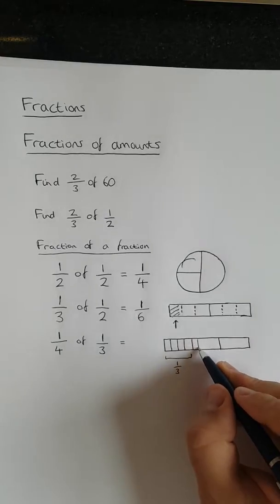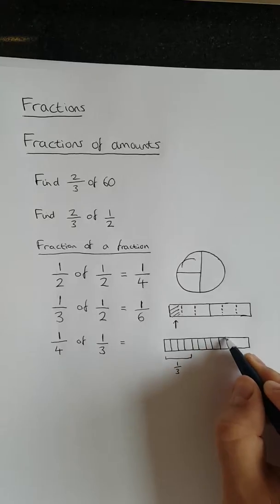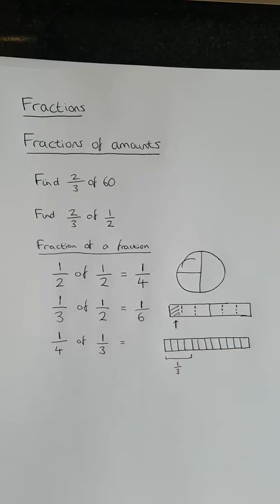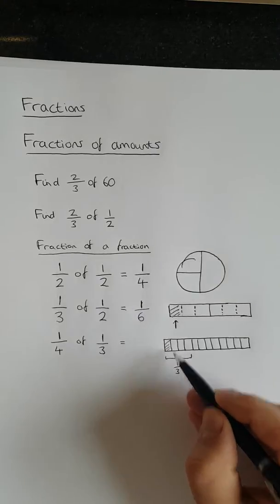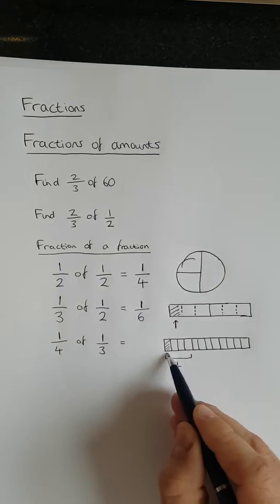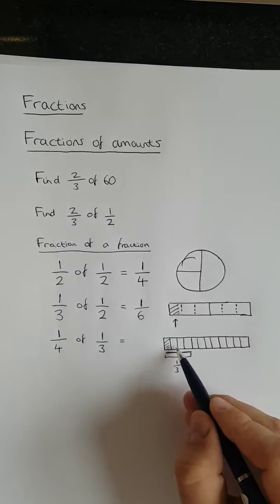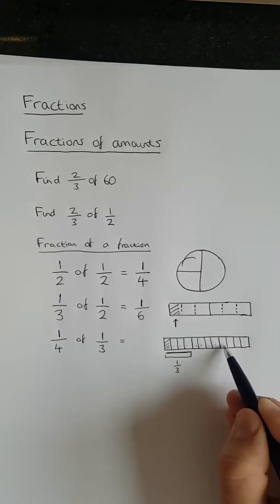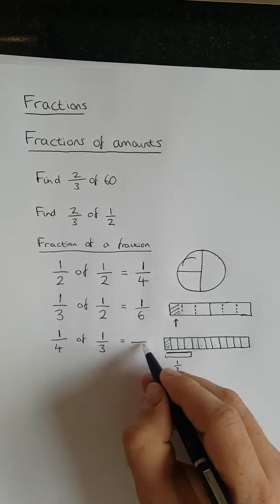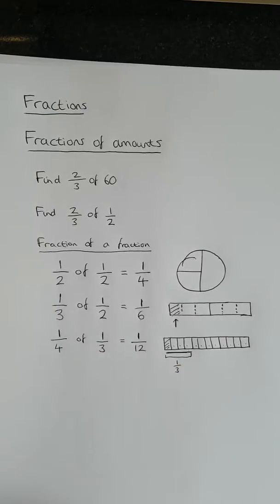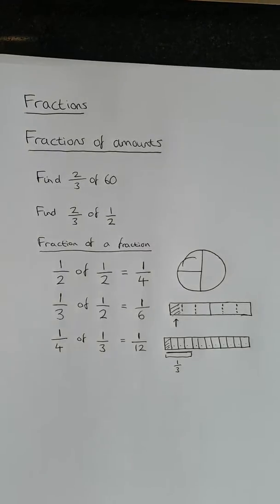And then you're going to tell me to cut the other thirds into 4 equal sized pieces. Here is 1/4 of my original third. 1, 2, 3, 4, 5, 6, 7, 8, 9, 10, 11, 12. 1/12. Look at the 3 sums we've done and see if you can spot a pattern.